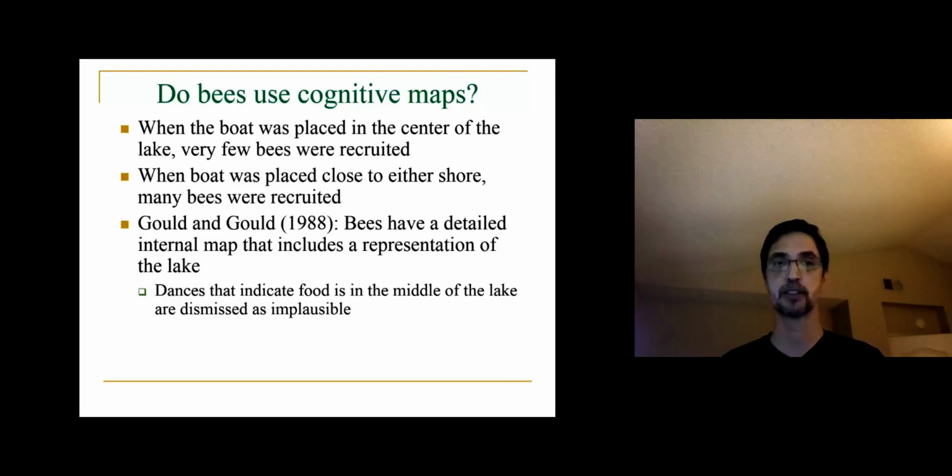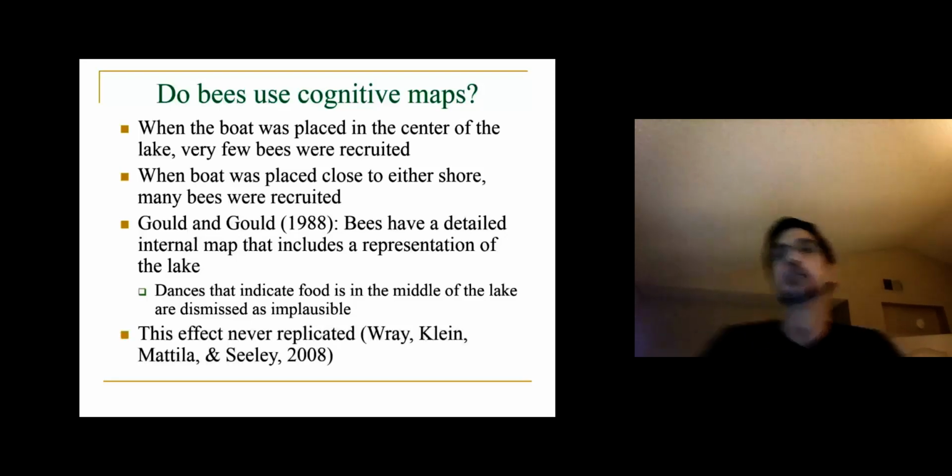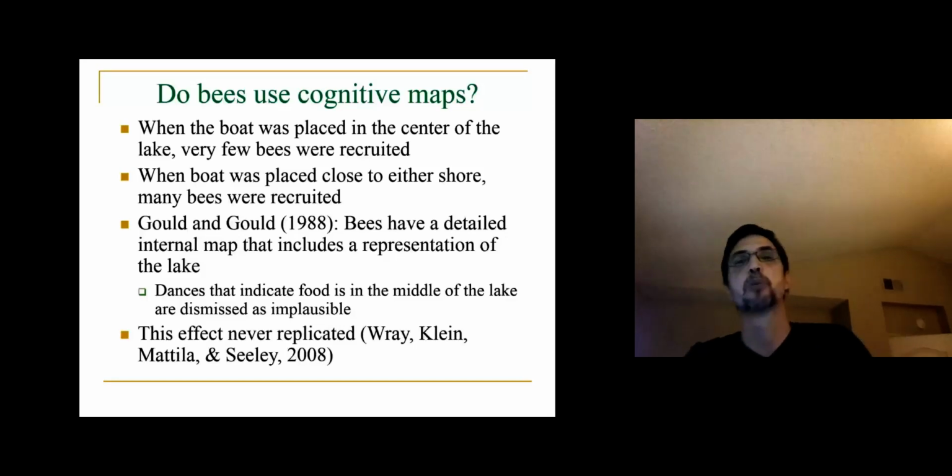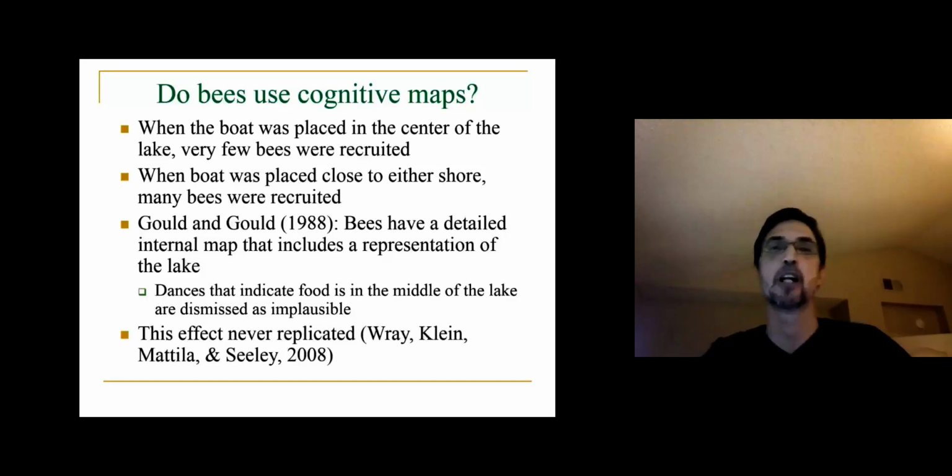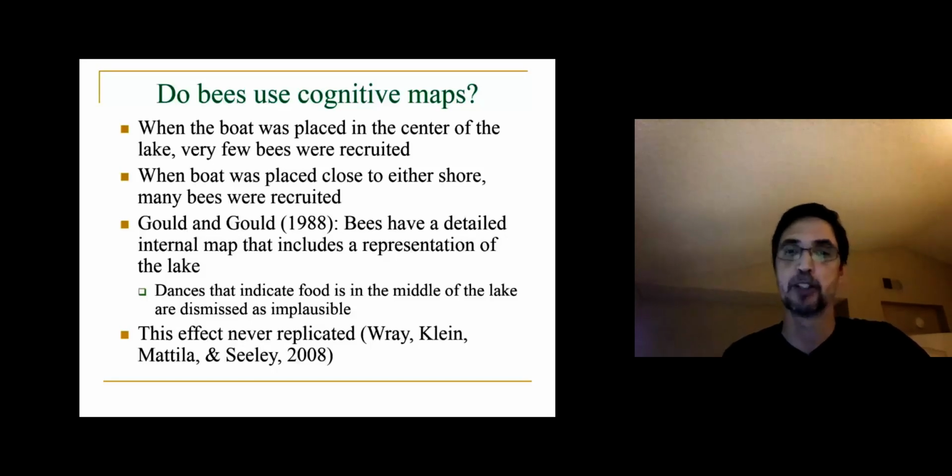It doesn't make any sense. So although this was taken as supporting the idea that bees have cognitive maps, I should point out that this particular study was never replicated. I refer to Ray and colleagues for this discussion.